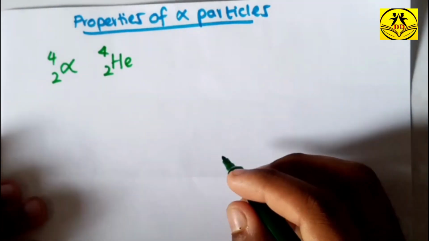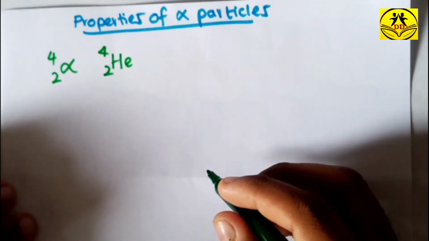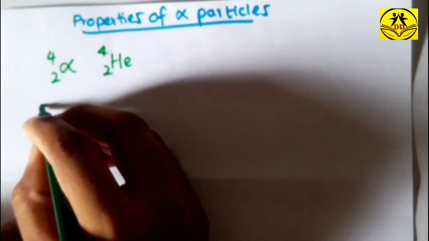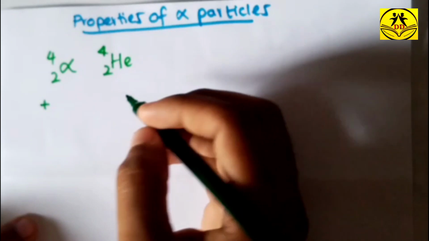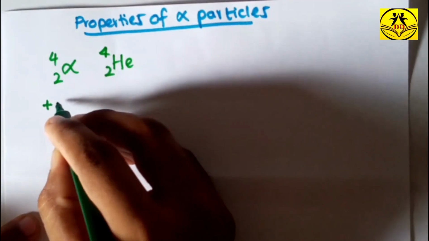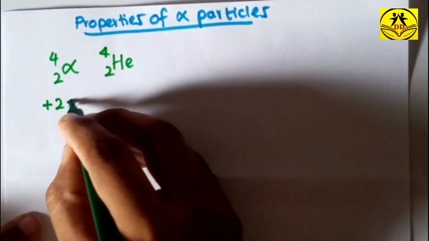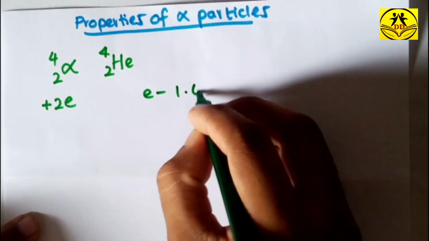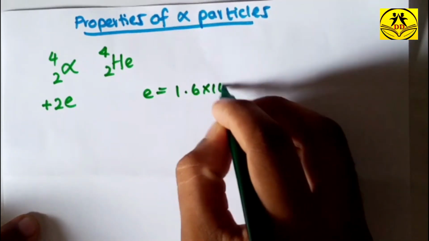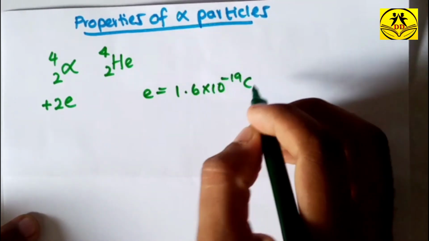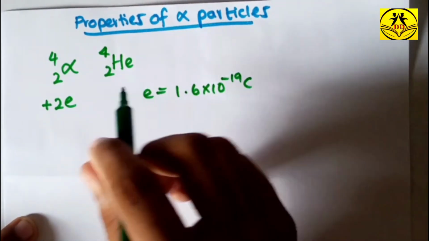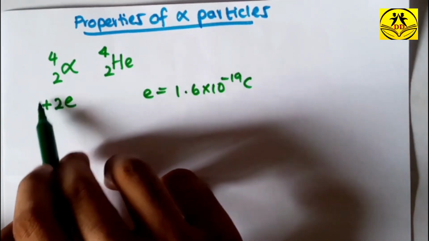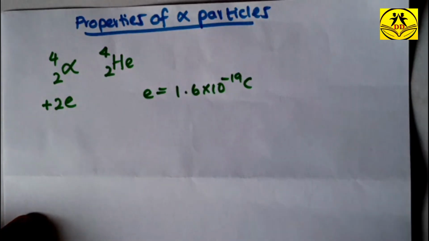When we take the charge of an alpha particle, it is positively charged with a magnitude of 2 times the charge of an electron. The charge of an electron is 1.6 times 10 to the power minus 19 coulombs. So this is 2 times that, and positive.